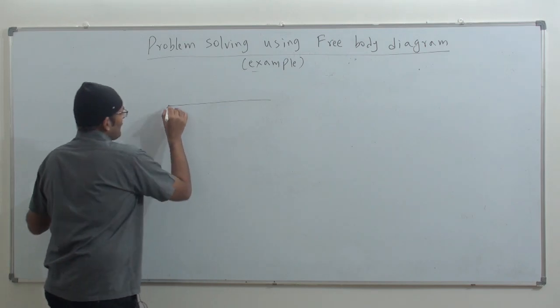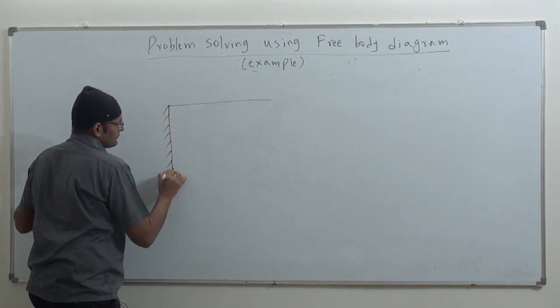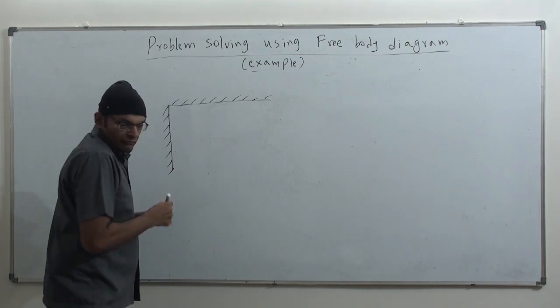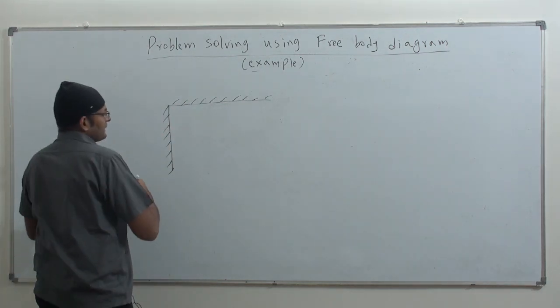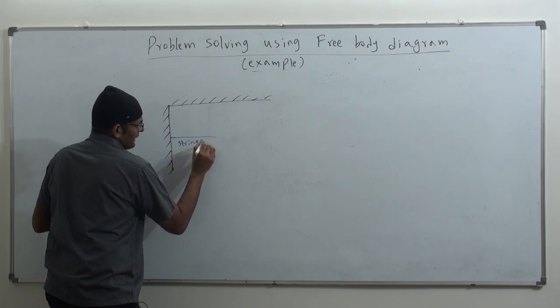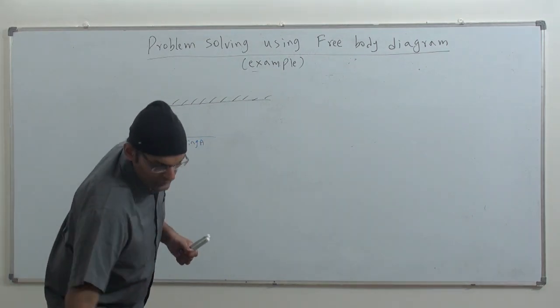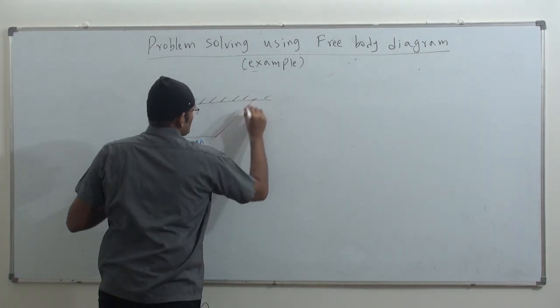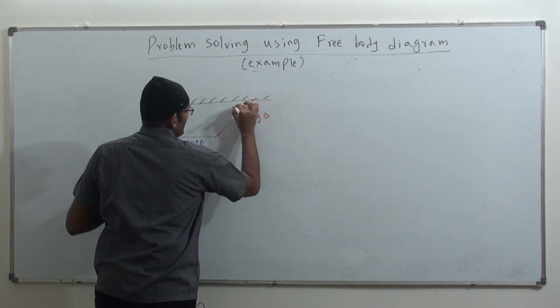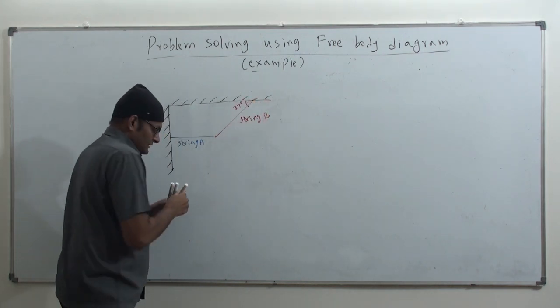So I have a wall and I have three strings. Let's take this to be string A, this to be string B, and it is making an angle of 37 degrees.